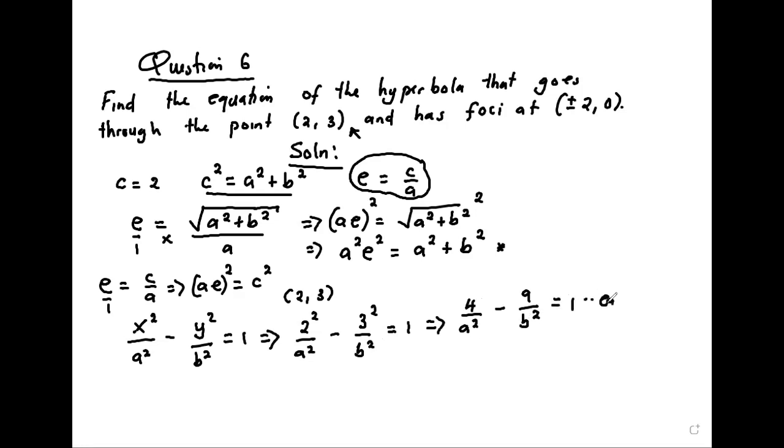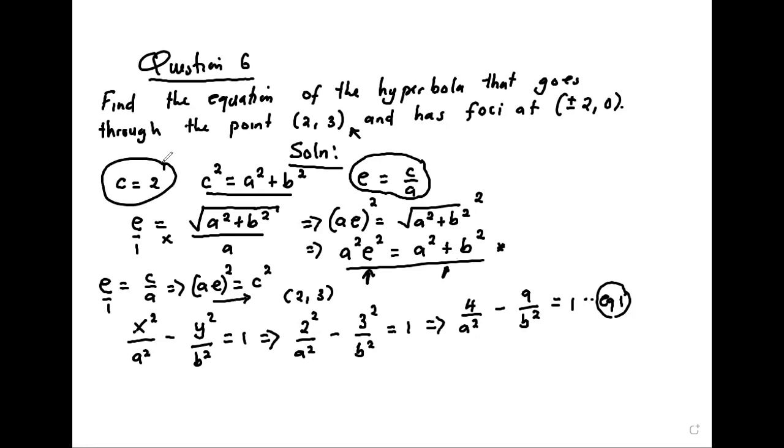Let's call this equation 1. Equation 2 is here. This is c squared, because c squared is equal to a squared plus b squared, but c is given to be 2.